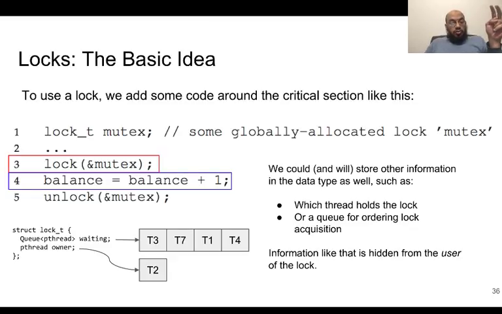One of them is a linked list, a queue, which basically has all the different threads that are spinning, waiting for the lock to become available. And you will have another data structure that's a pointer to the thread which has the lock. So right now, if you look at struct lock_t, you'll have a queue of waiting threads, a few threads, 100, 10, 5, whatever. And you have pthread owner.